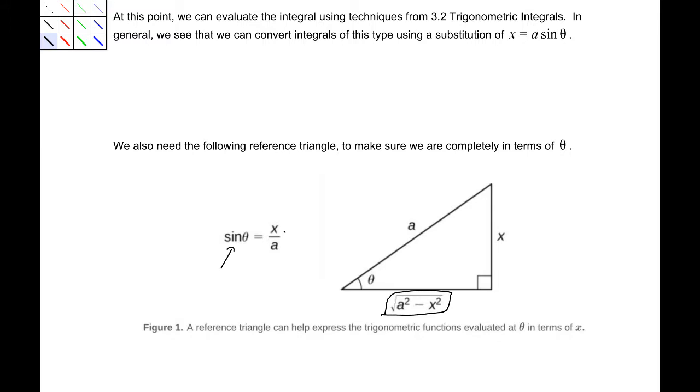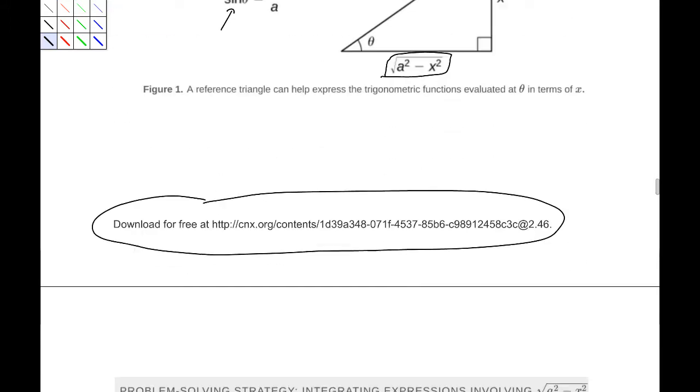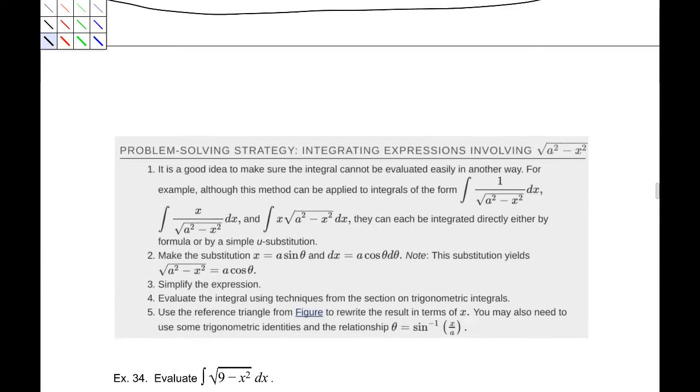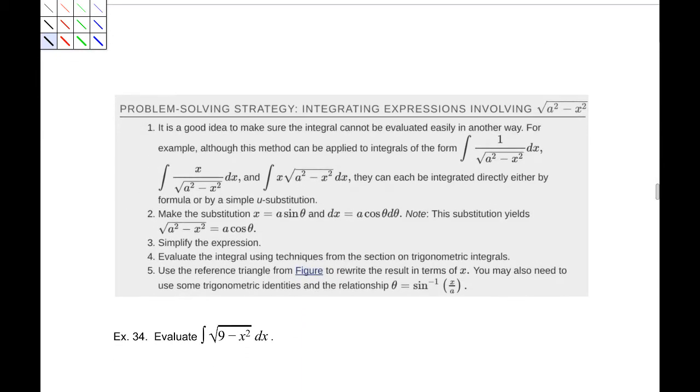Therefore, anything with a square root of a squared minus x squared, we're going to use a substitution of sine. So here is our general policy, our problem-solving strategy. First we want to make sure it can't be evaluated some easier way. You see the 3 examples there, they can all be done with u substitution, but some of them don't work like that.